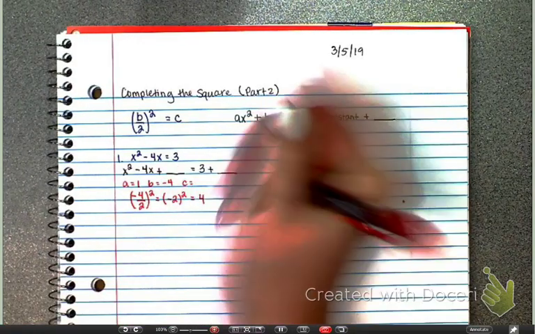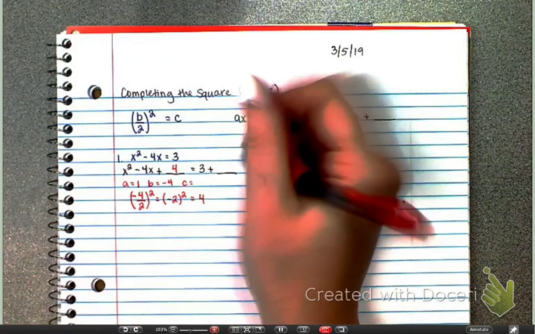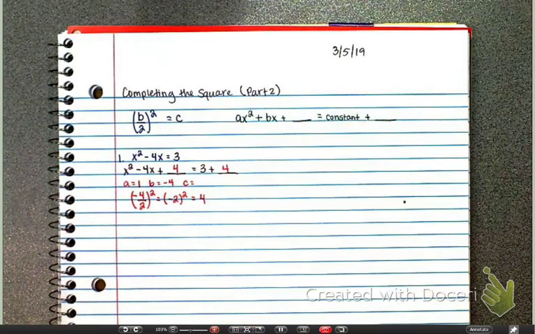So I'm going to add 4 to this blank, and whatever I do to one side of the equation, I have to do to the other side. Okay, so that's our first new step. So we still find C just like we did yesterday, but whatever we add to the left, we have to add to the right. So far, so good?